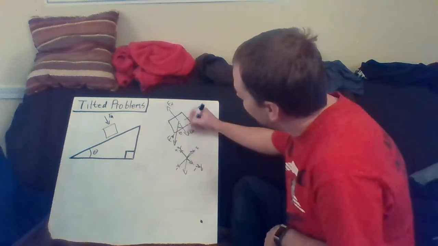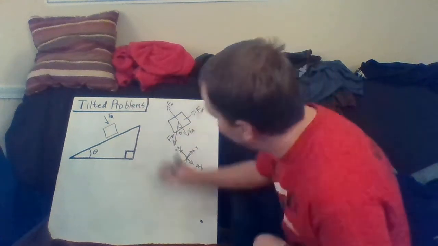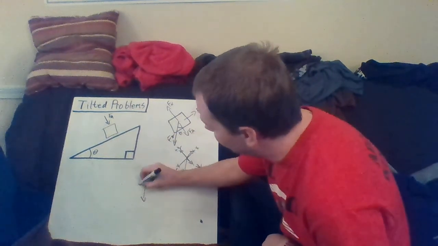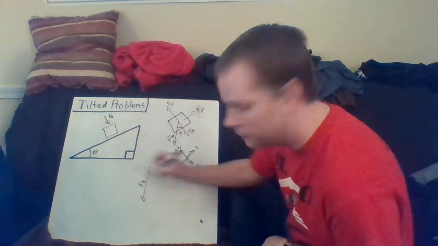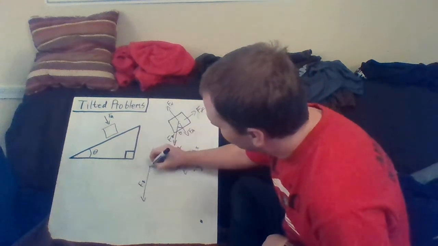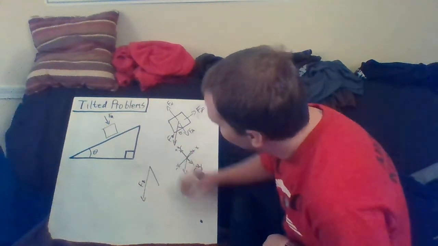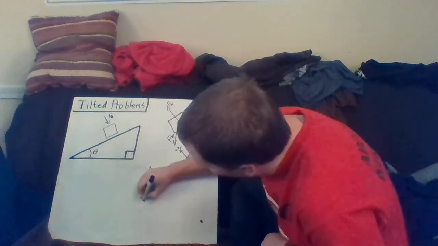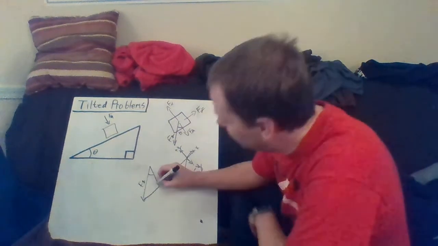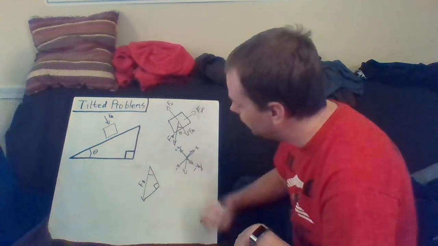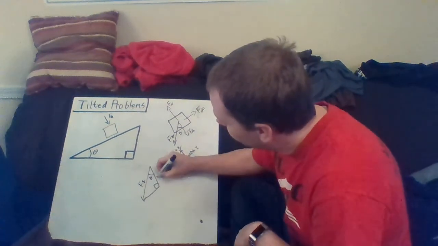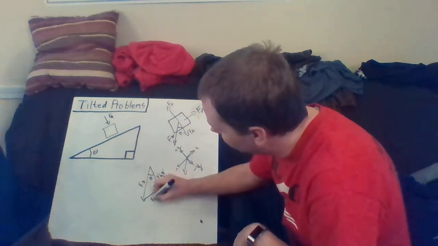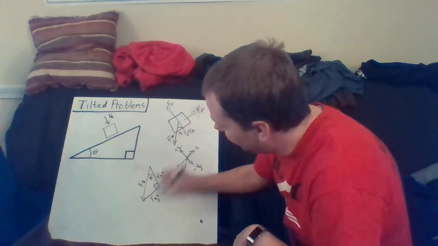And this has to be the vertical axis. So if this is FG, and this is negative y, then this has to be negative x. That makes this our right angle: theta, FGY, and FGX.